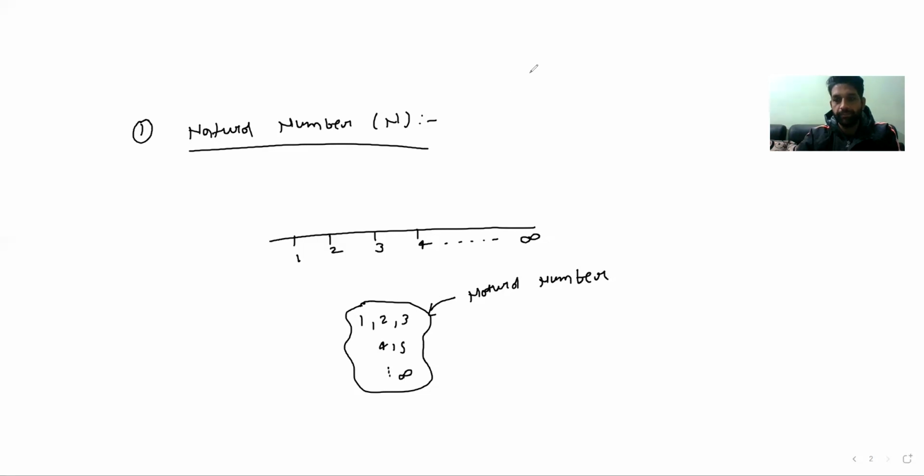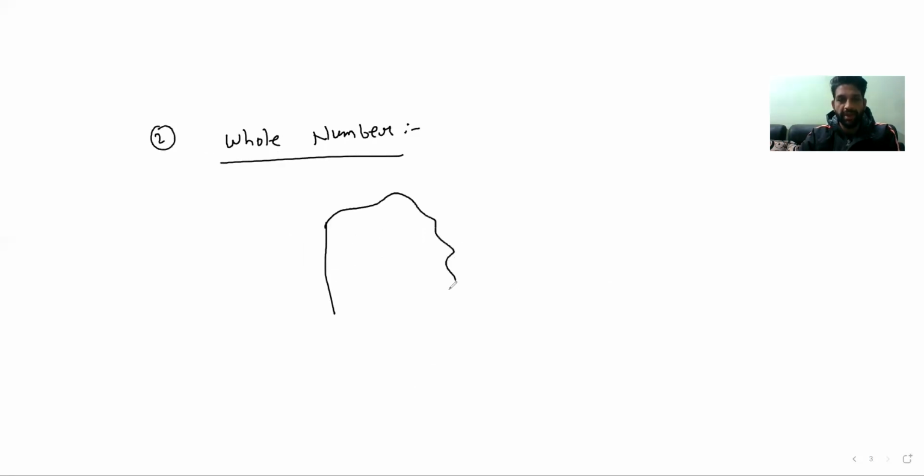Second is whole numbers. Suppose in this particular bag we also contain 0: 0, 1, 2, 3, 4, and so on up to infinity.